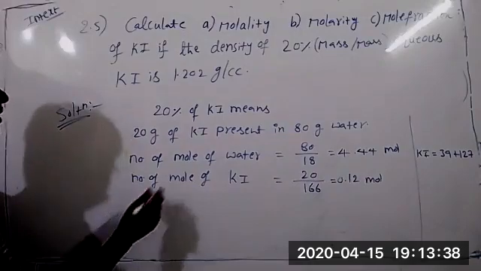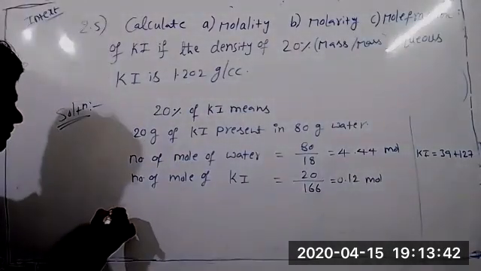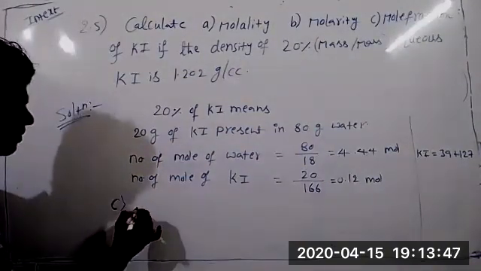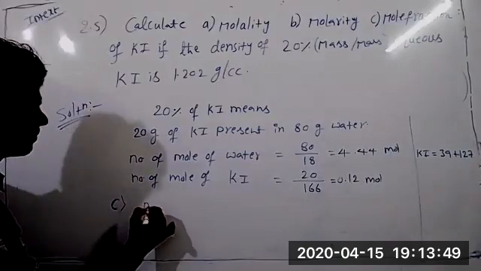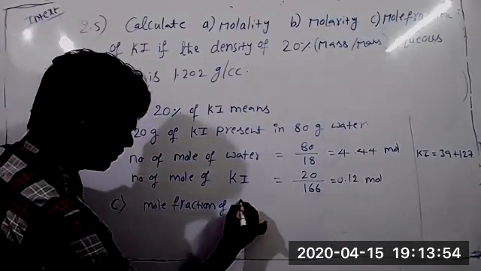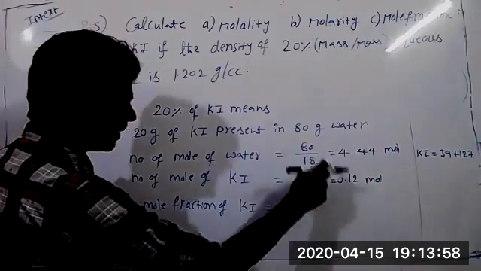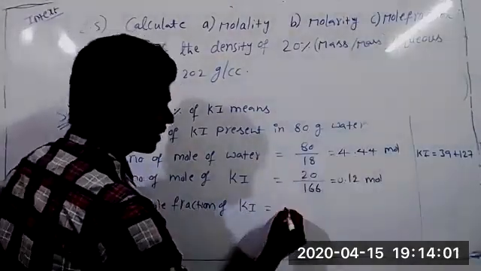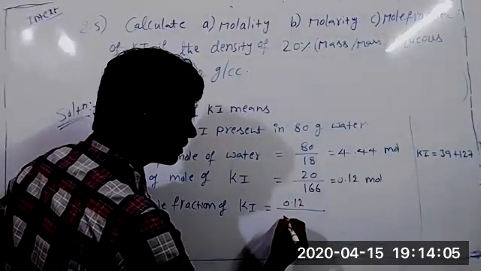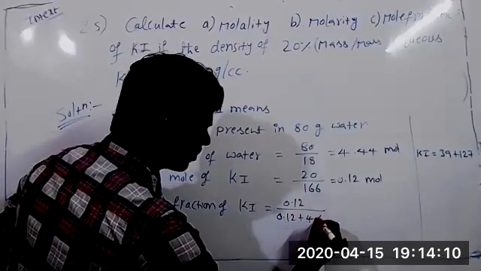Next, first of all, we'll calculate mole fraction. Mole fraction of KI is equal to number of moles of KI divided by number of moles of KI plus water. 0.12 divided by 0.12 plus 4.44.